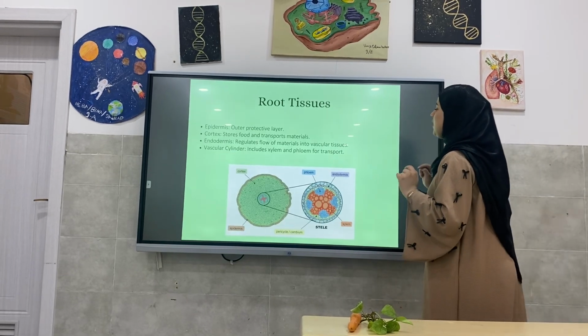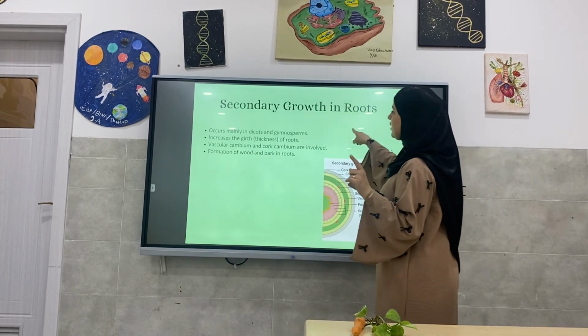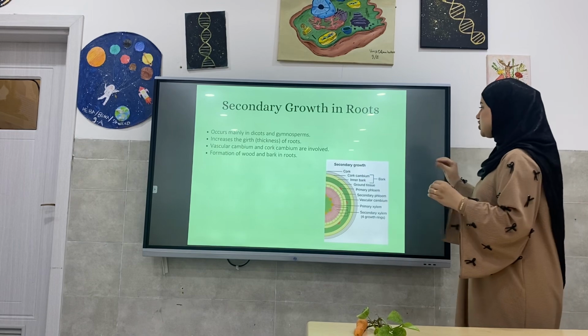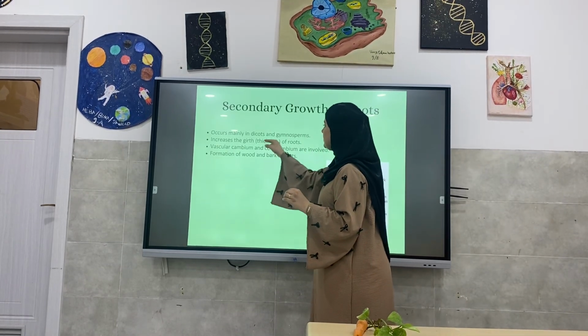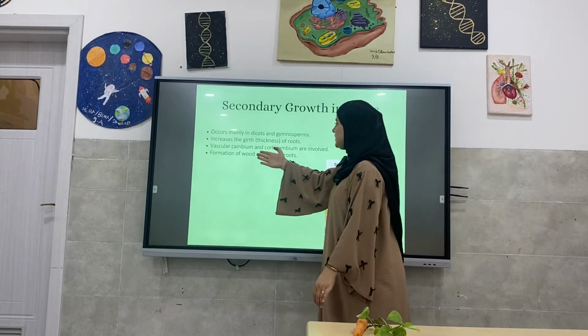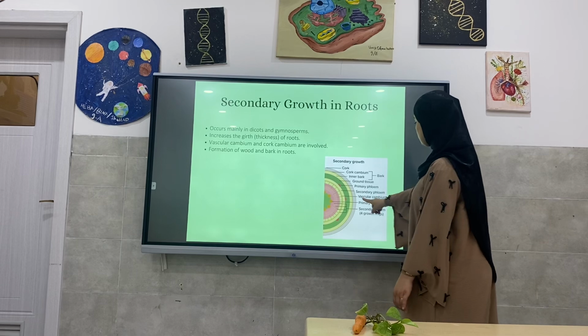Okay. What about, guys, secondary growth occurs mainly in dicot and gymnosperm, especially in secondary growth during the dicot and gymnosperm plant, and increases the girth thickness of root. And this is the vascular cambium.